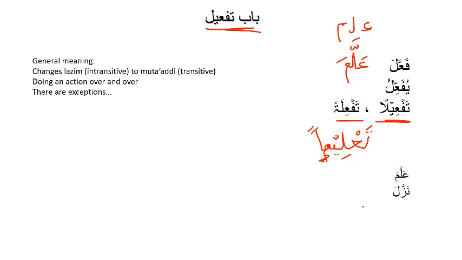What about noon za lam? Nazzala, yunazzilu, and then the masdar takes the form taf'ilan, tanzilan. Does that sound familiar? Tanzilan. Yeah, it comes a lot in the Quran. Tanzilan, that's the name of the action.